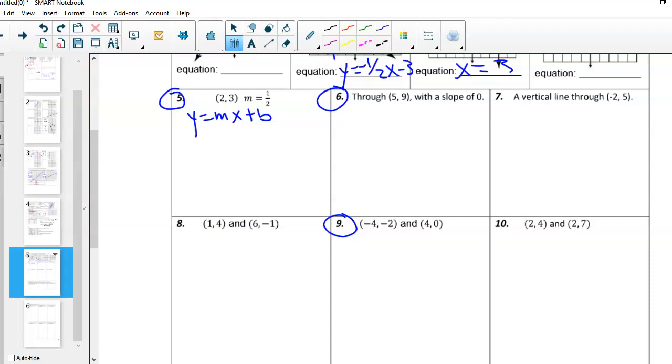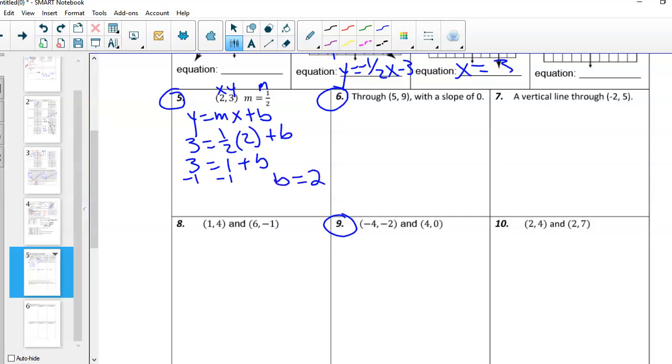Put each of these into your equation. y is 3, m is 1/2, x is 2. We are solving for b. What's 1/2 times 2? 1. So would the y-intercept be 2? Yes, because you would subtract 1.